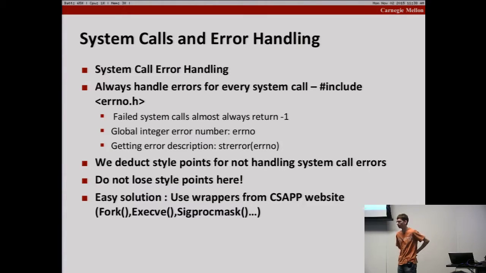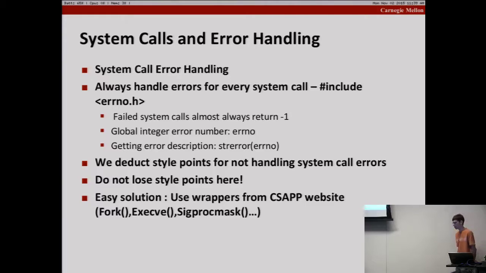What's the difference between the app error that's given to us and the Unix error? Like when do you call it? There are two functions that are given to you in the handout file for shell lab. There's a function called app error, and then there's one called Unix error.